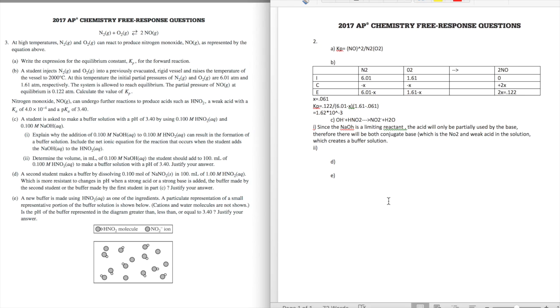So we have a pH of 3.4. At a pH of 3.4, that is the halfway point to the equivalence point. So that means at halfway to the equivalence point, the weak acid and the conjugate base have to be equal.